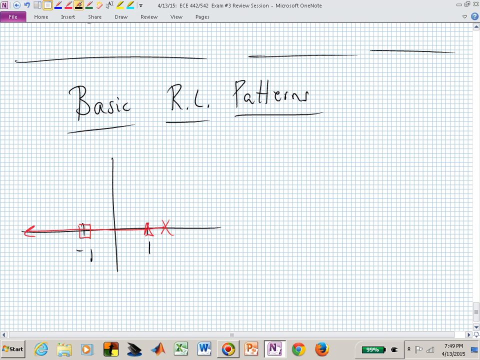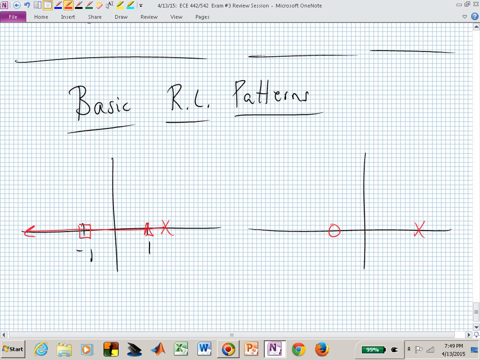What about a pole zero pattern like that? How many pieces of the French bread have been identified? 3. How many of those are on the root locus? 1. And which piece is it? Infinite or finite? Finite.